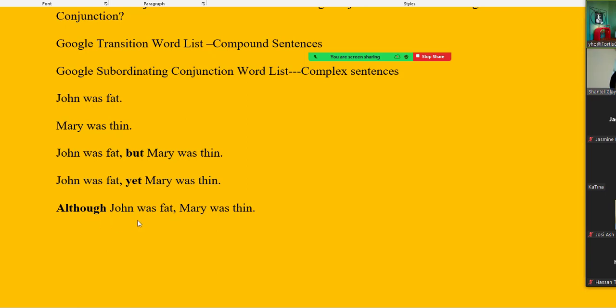You will actually read this very fast because it's not that important. What's important is Mary was thin. Now, if I want to read a compound sentence, since both sentences have the same significance, I will read it as John was fat, yet Mary was thin. Why is it important how I read a sentence? Because you, as the writer, determine how fast the reader reads a sentence.